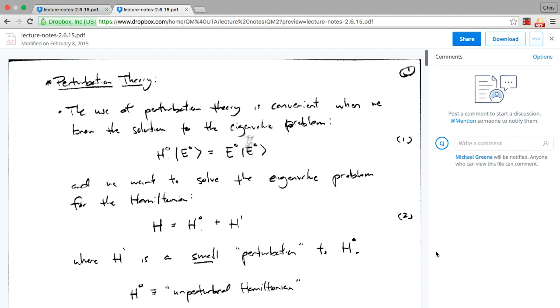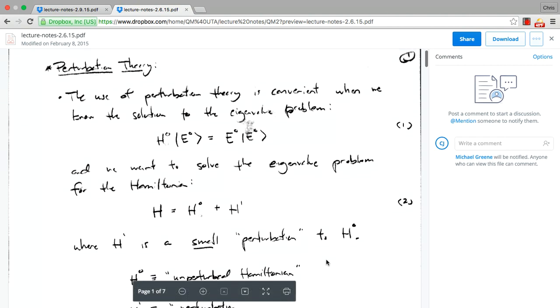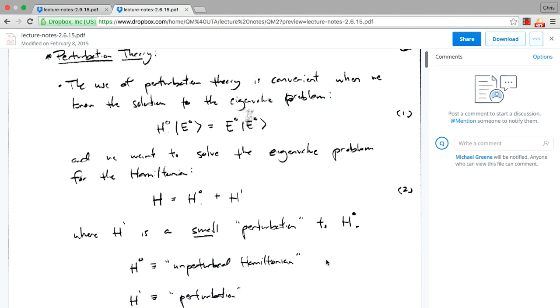Anyways, okay. So last time we had started our discussion on perturbation theory. And so we sketched out what the problem is in perturbation theory and how you go about solving it.